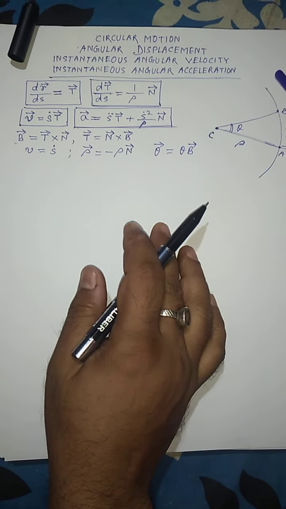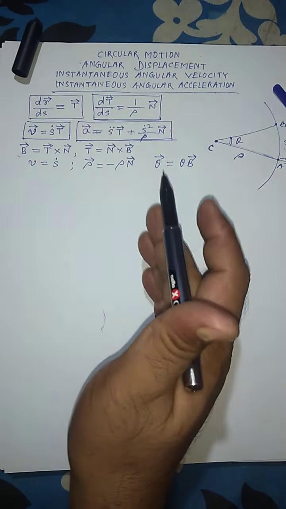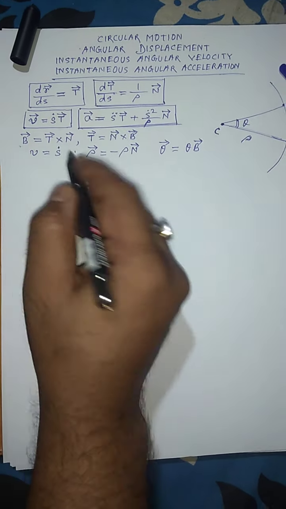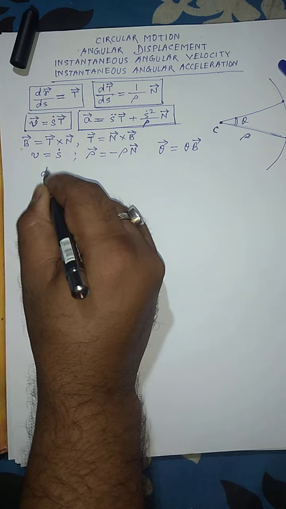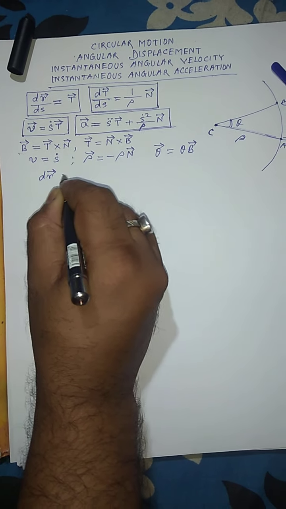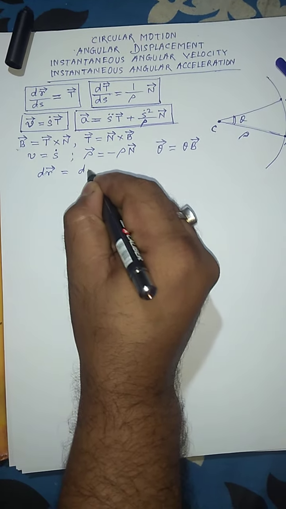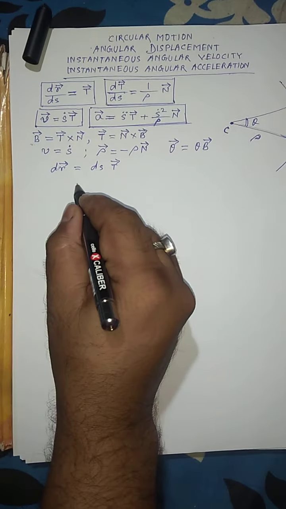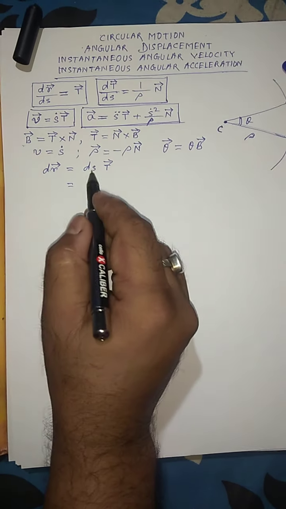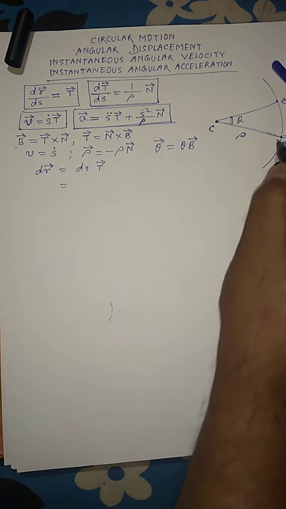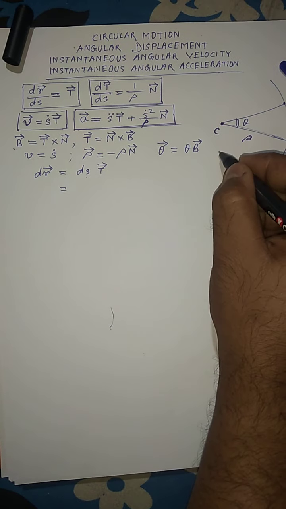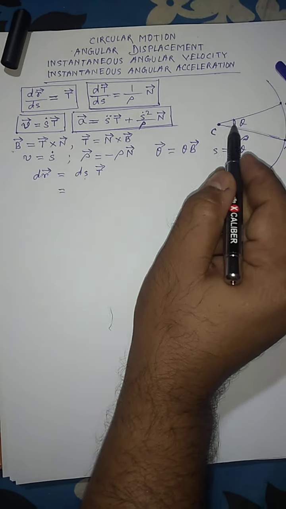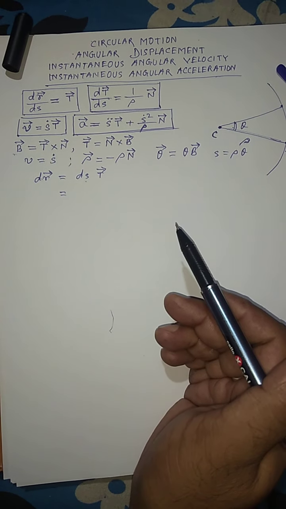Now let's find the relationship between the linear displacement and the angular displacement. From this expression we can write d vector r is equal to ds unit tangent is equal to, in place of s we can write, from here you see that s equal to rho theta when theta is expressed in radian unit.